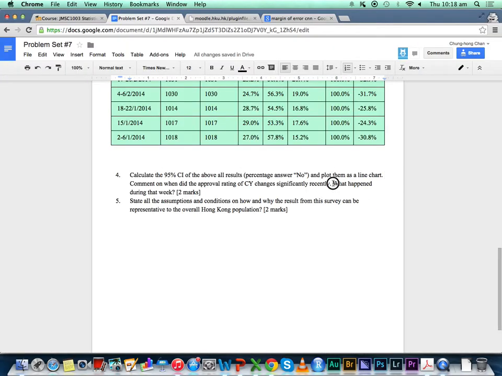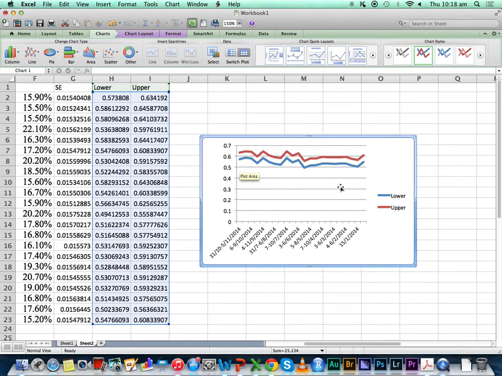And also, comment on when did the approval rating of CY change significantly recently. This question is a little bit hard.